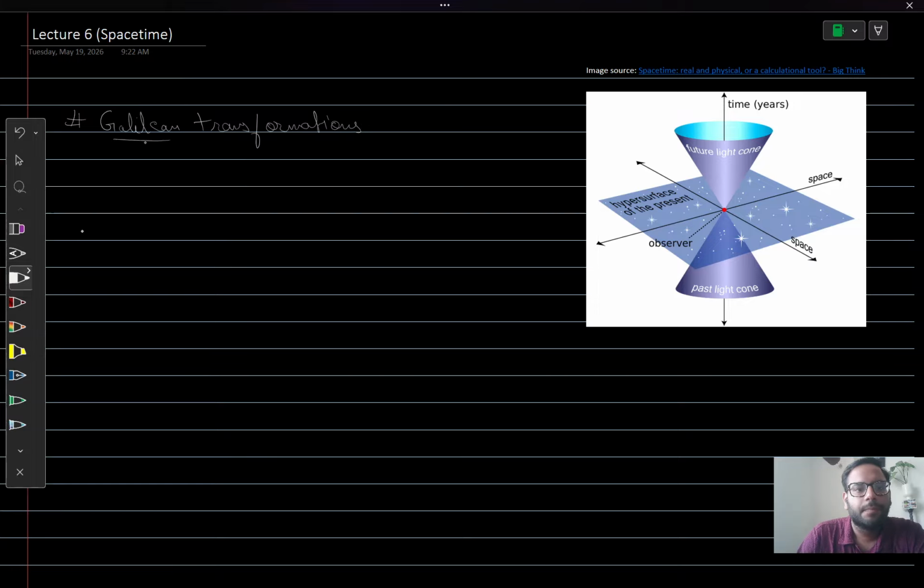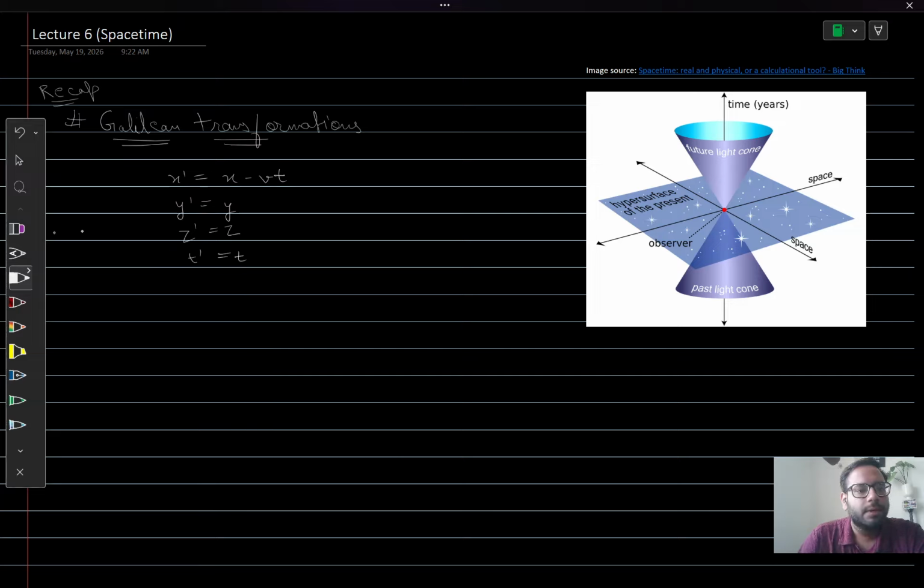Just a quick recap, those transformations are given by x prime equals x minus vt, y prime equals y, z prime equals z, t prime equals t.